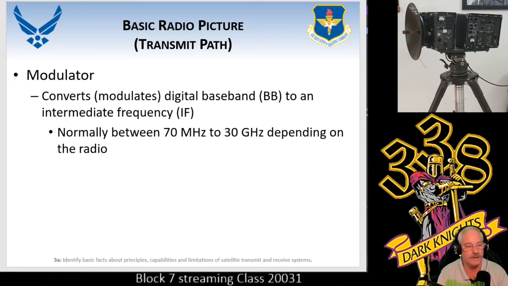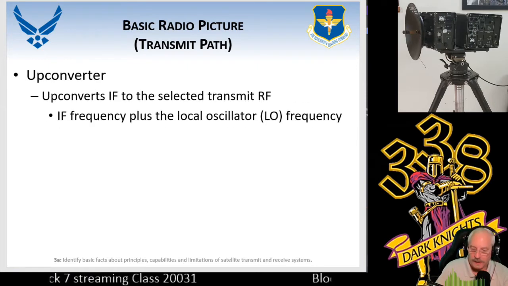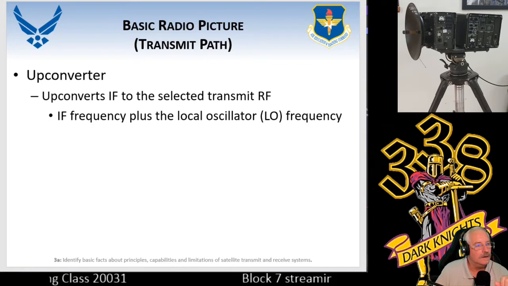With this particular system, you're going to see anywhere between 70 megahertz to 30 gig. Again, it depends on what you're dealing with. I've seen radios that are lower. When I say radios, I'm talking like the single channel air traffic control radios. They're only in the VHF, UHF realm, and their IF is going to be lower.